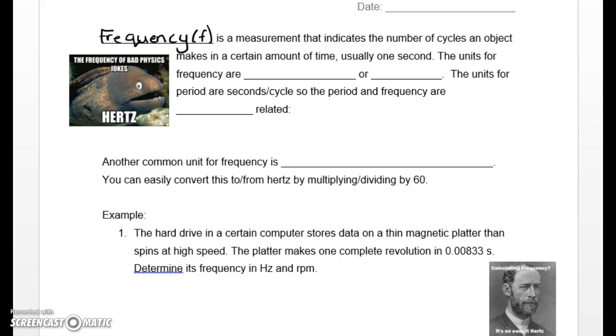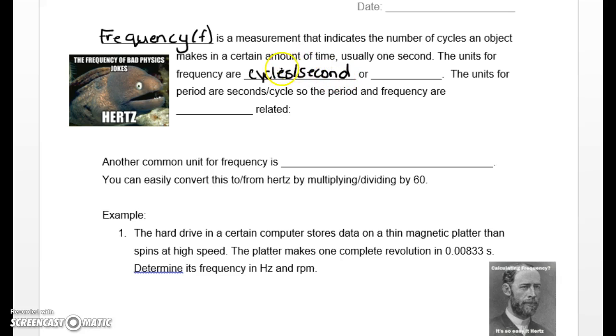Rather than looking at how long it takes to do one cycle, now we're looking at how many cycles can fit in a certain amount of time, which we usually express as a second, and sometimes minutes or hours, depending on what we're looking at and how fast or slow the motion is. So the units for frequency are cycles per second. Or if we were examining it in minutes or hours, you would just replace this part right here.